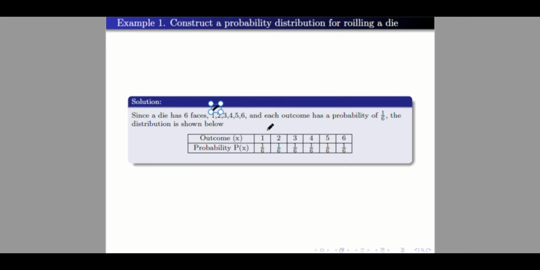We exhaust all the possible outcomes, the 1 to 6. And also the sum of this, 1/6 plus 1/6 plus 1/6 plus 1/6 plus 1/6 plus 1/6, is equal to 6/6, or this is equal to 1.